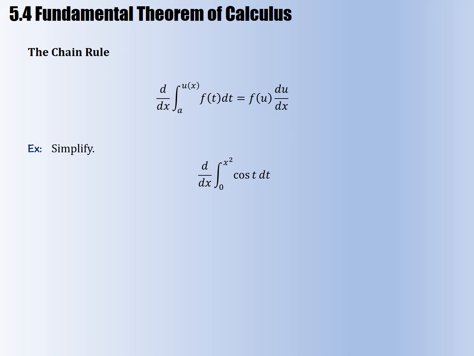If you have a u of x up here, some function of x, whether it be x squared or 5x or anything else, then keep in mind all the stuff we've been talking about all day here. If you have this function right here, can you just tell me again, this function, we'll call it capital F, is a function of what variable?